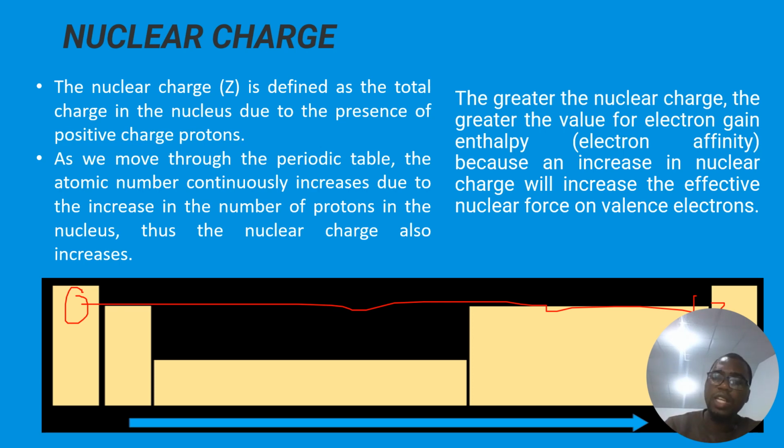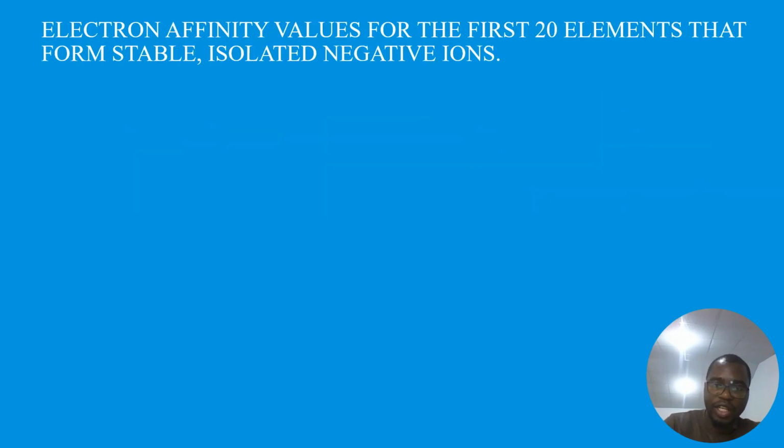So if the nuclear charge is increasing, the electrons in the outermost shell will be tightly pulled. So the higher the nuclear charge, the stronger the attraction of the electrons towards the nucleus would be. And this is the reason why the electron affinity will increase from left to right across the period in the periodic table. That is the explanation that we are interested in.